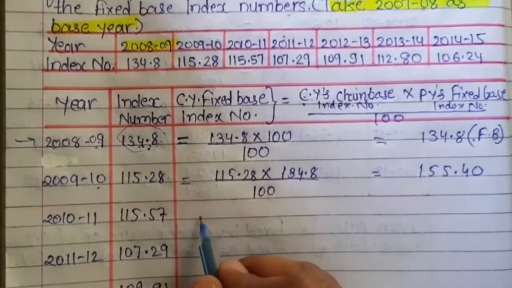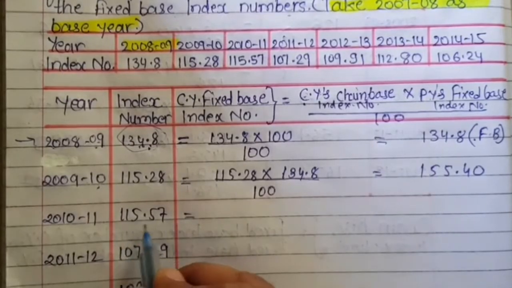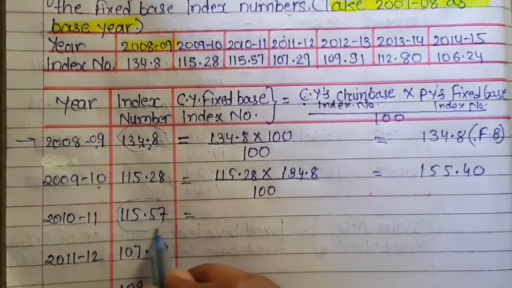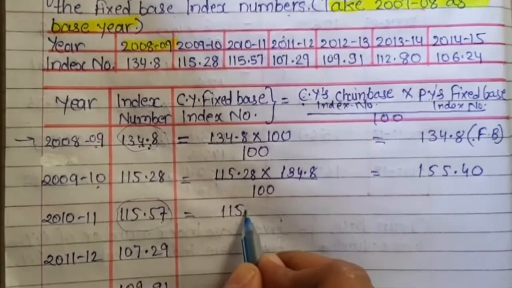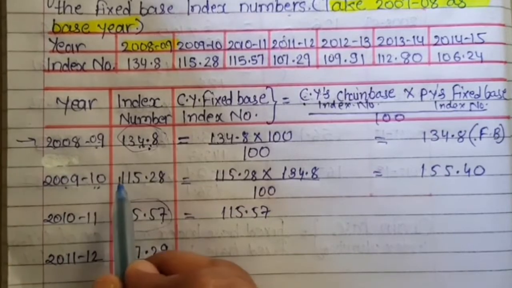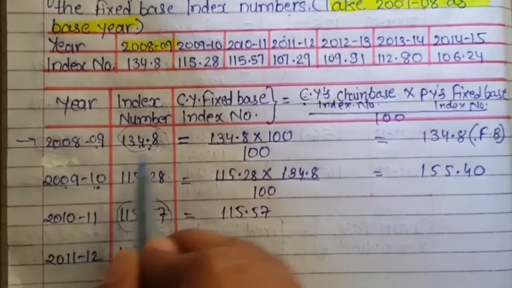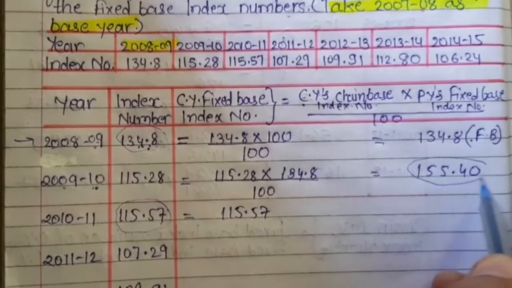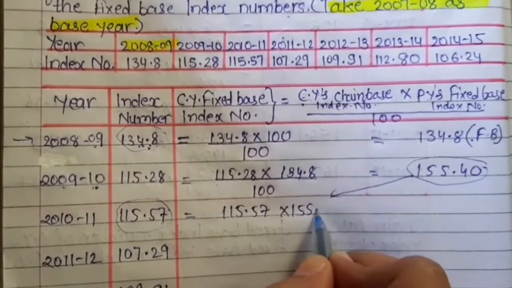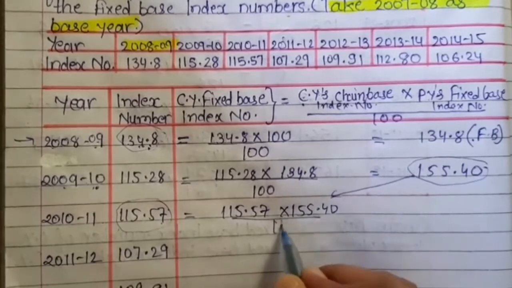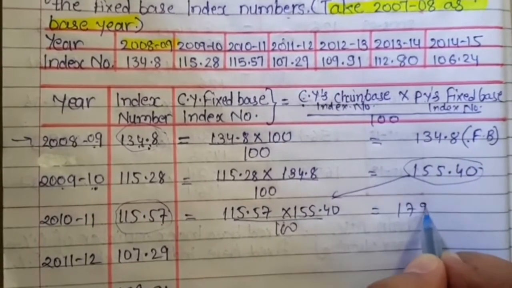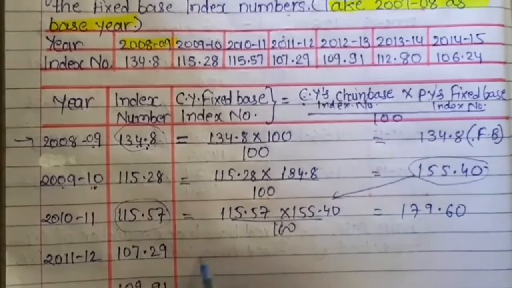So I got 155.40. Now for 2010-11 the current year's chain base index number is 115.57. Its preceding year is 2009-10 and its fixed base index number I have just found here, that will come here, multiplied by 155.40 divided by 100, and I will get 179.60.